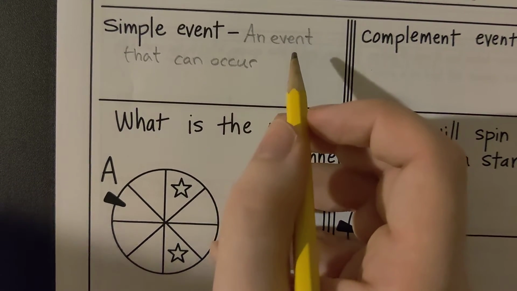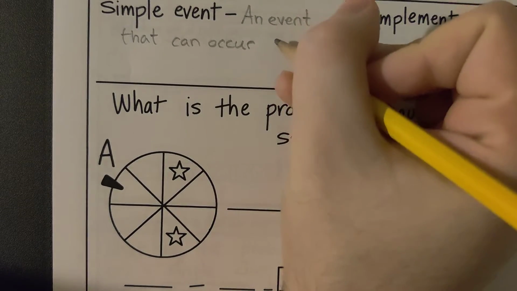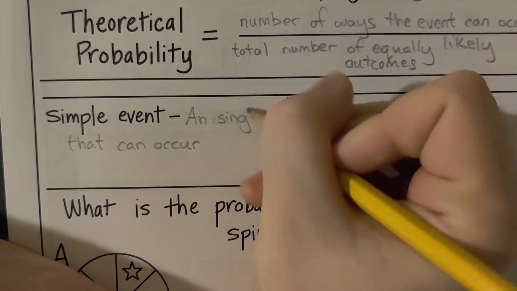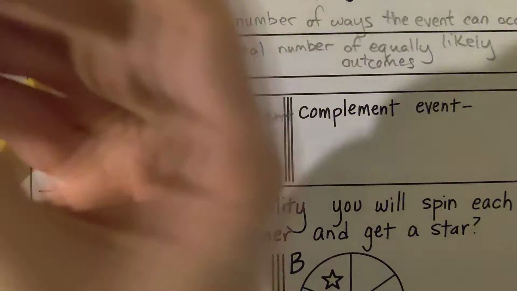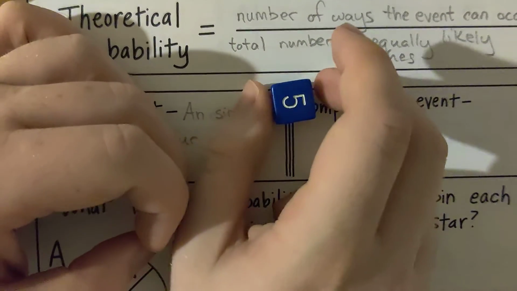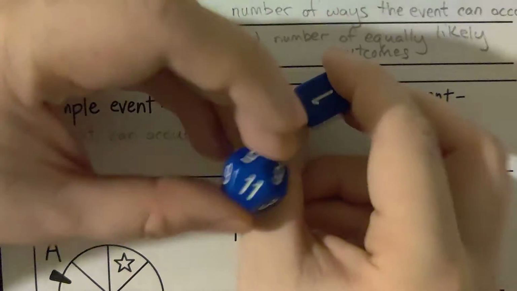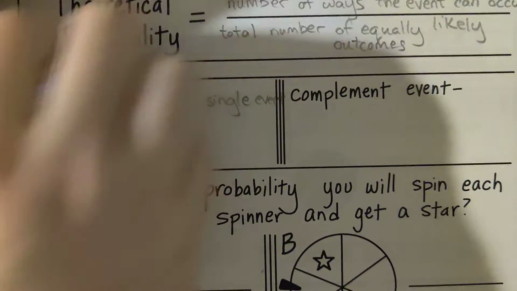We could say it's a single event. Sorry about that. A single event, right? So that's rolling a 1. Or, you're right, I rolled a 5, so I didn't. But this is a 1 out of 6 chance. Something that's not a simple event would be rolling a 1 on this and then a 1 on that. That's like 2 things happening.